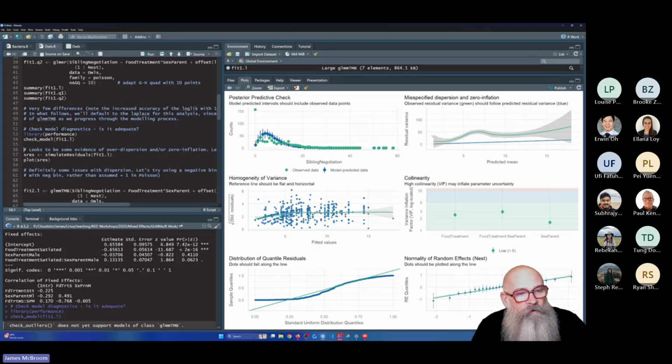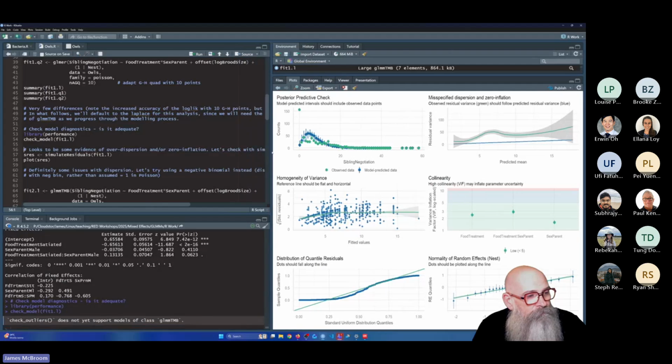The other thing I'm looking at, I don't really look at this top right picture much. The quantile residuals look particularly poor in the bottom left, and the normality of the random effects seems fine. But if I really want to understand what's going on in a little bit more detail, I can use the simulated residuals from the DHARMa package.